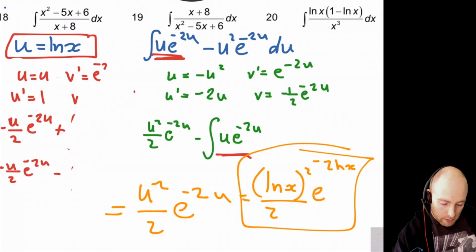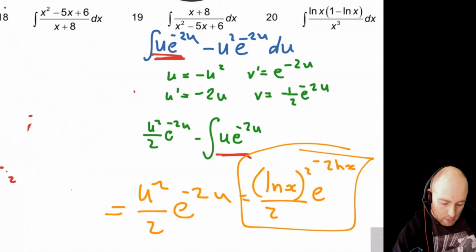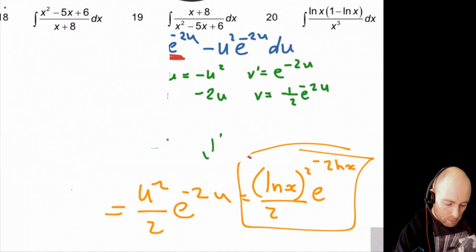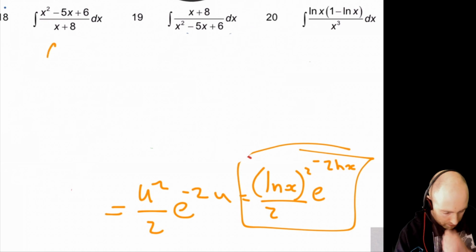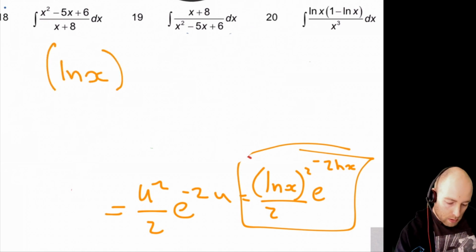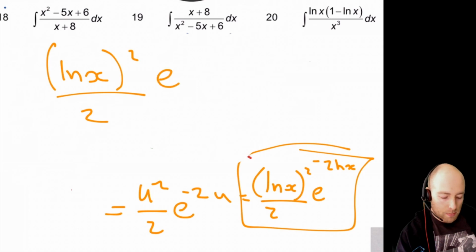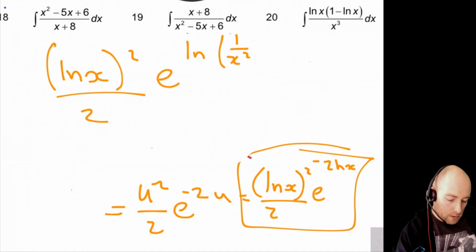If I get rid of everything else, we will get ln of x all squared over 2 e to the, if you make it x to the minus 2, it's going to be e to the ln 1 over x squared.